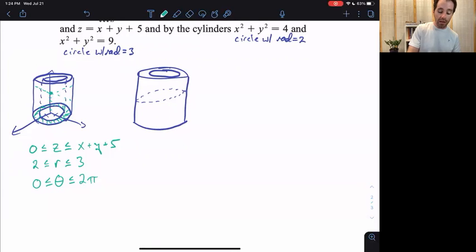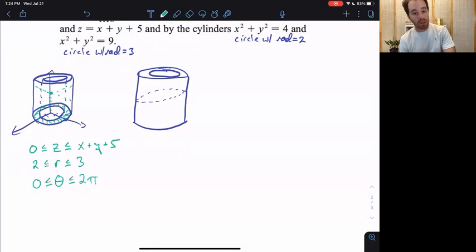So if you had a plane that intercepted like right there, then that would be a problem here. But it's not too difficult to see that that's not going to happen, because think about what you would need in order for z to be 0.